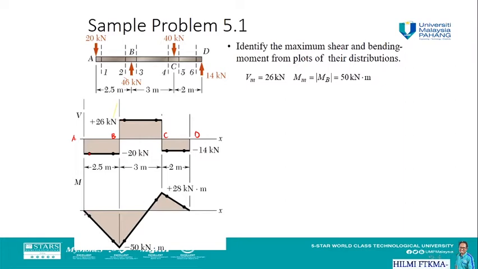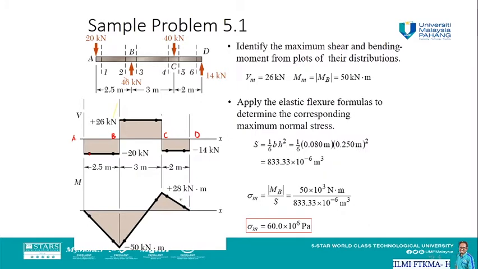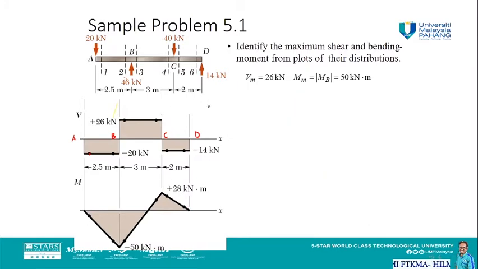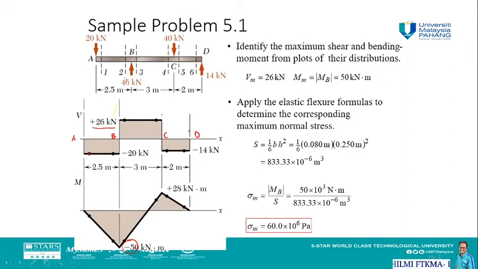For the bending moment, we have a linear slope from A to B, and then from B to C it increases until 28 kilonewton meter and becomes 0 at point D. So from here we can identify the maximum shear force and maximum bending moment. The maximum shear force would be positive 26 kilonewton, and the maximum bending moment would be negative 50 kilonewton meter, with an absolute value of 50.